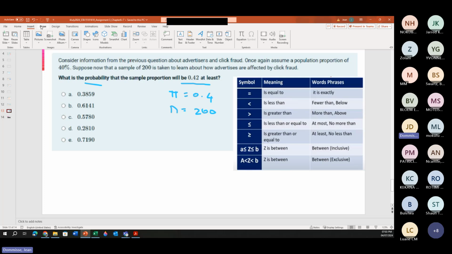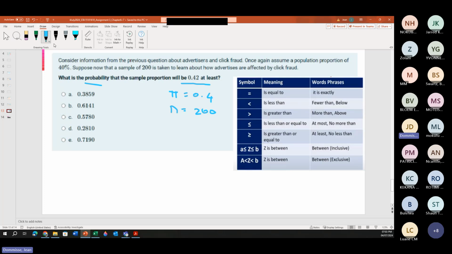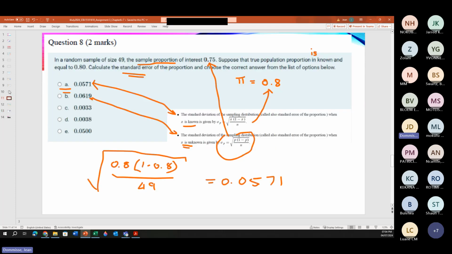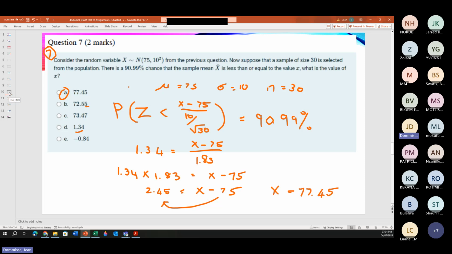So that might be something that you get in the assignment, where we needed to work out the X in these previous ones.